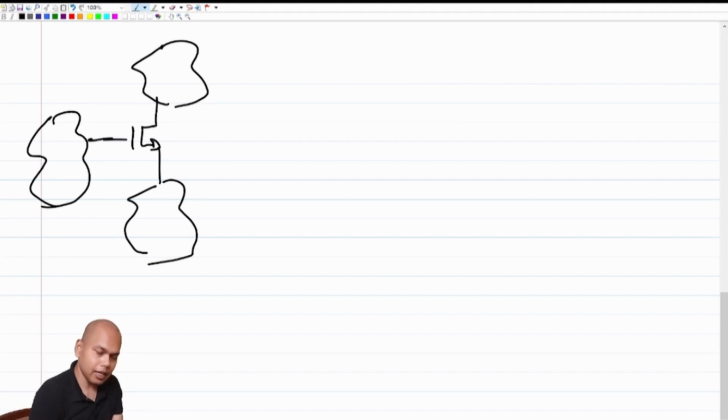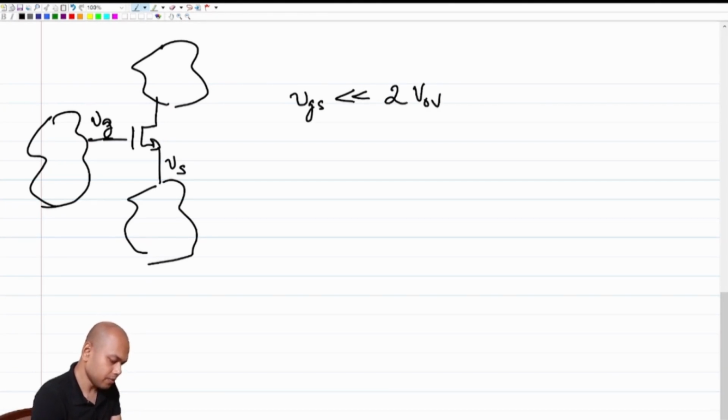So in that case, you have to find out the gate voltage and the source voltage, and then ensure VGS, whatever that might be after solving KVL and KCL, is much less than twice the overdrive.